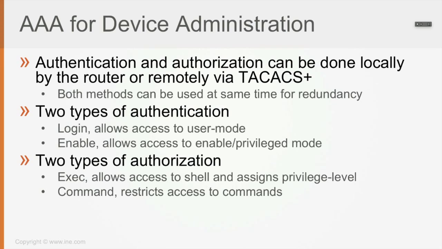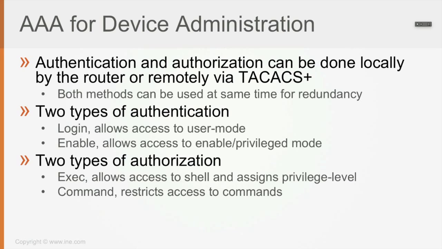Likewise, we have two types of authorizations. One is called exec authorization, where the user gets authenticated, and then the TACACS server authorizes the user for exec access, or the local authorization does that, because as I said before, both authentication and authorization can be done locally by the router or remotely via TACACS+.